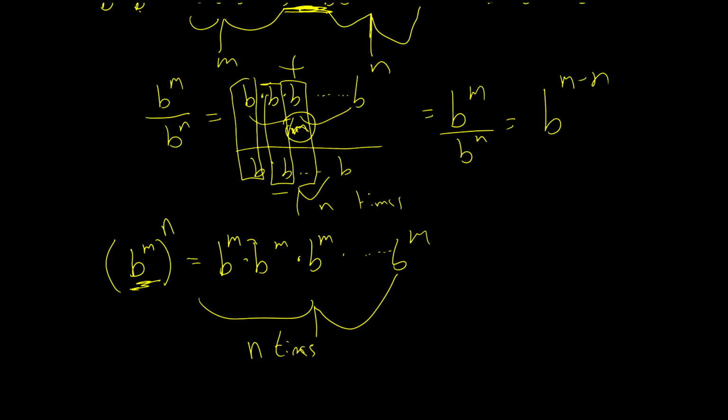But look what happens. This is a whole bunch of product rules. b to the m times b to the m is m plus m. b to the m three times is m plus m plus m, which is the same as multiplying m by n.